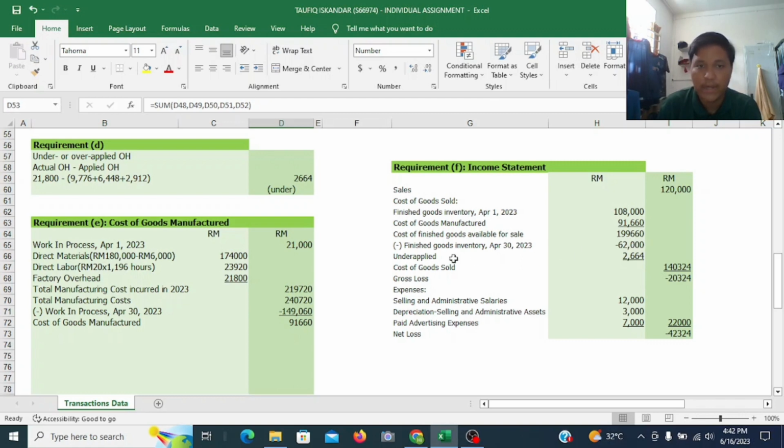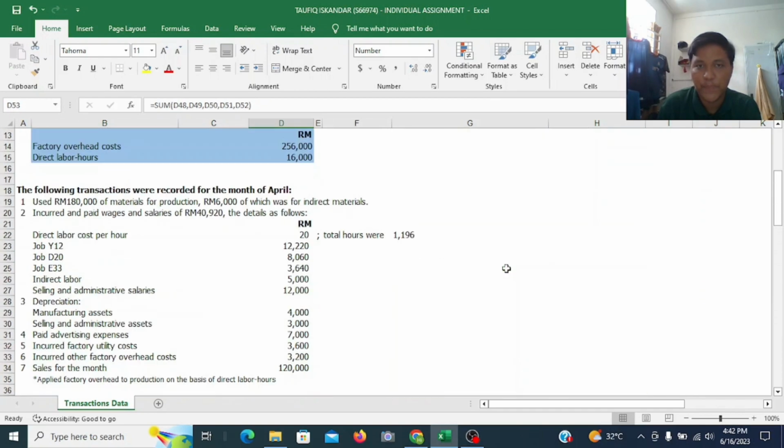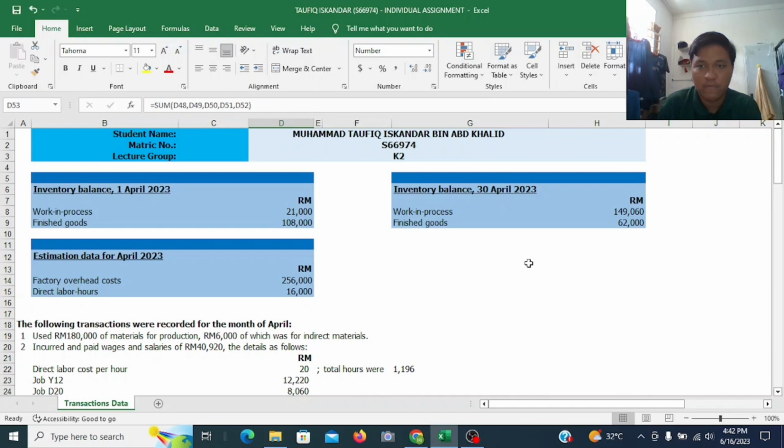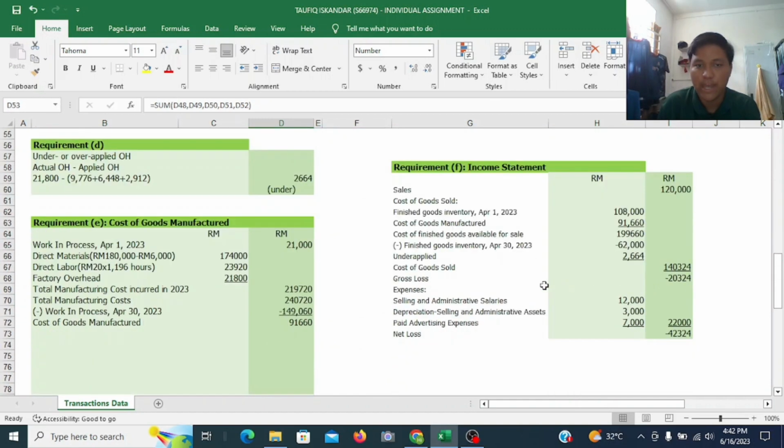We get the cost of finished goods available for sale, 199,660, and then we minus the ending finished goods inventory, 62,000. We get the value of ending finished goods, 62,000, and we plus the underapplied overhead, 2,674. We get the cost of goods sold, 140,324.